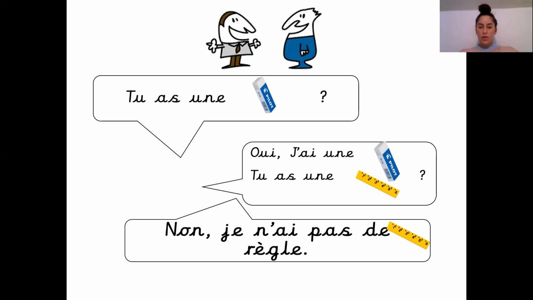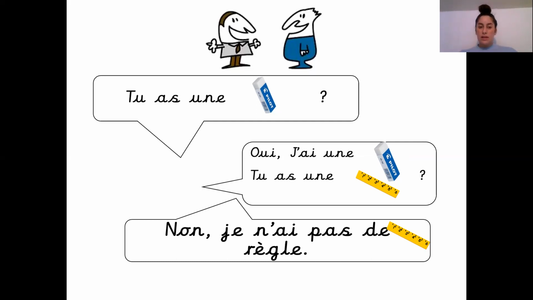Oui, j'ai une gomme. Or, what else could we say if we don't have one? Non, je n'ai pas une gomme. And again, tu as une règle? Non, je n'ai pas de règle. Or, oui, j'ai une règle.